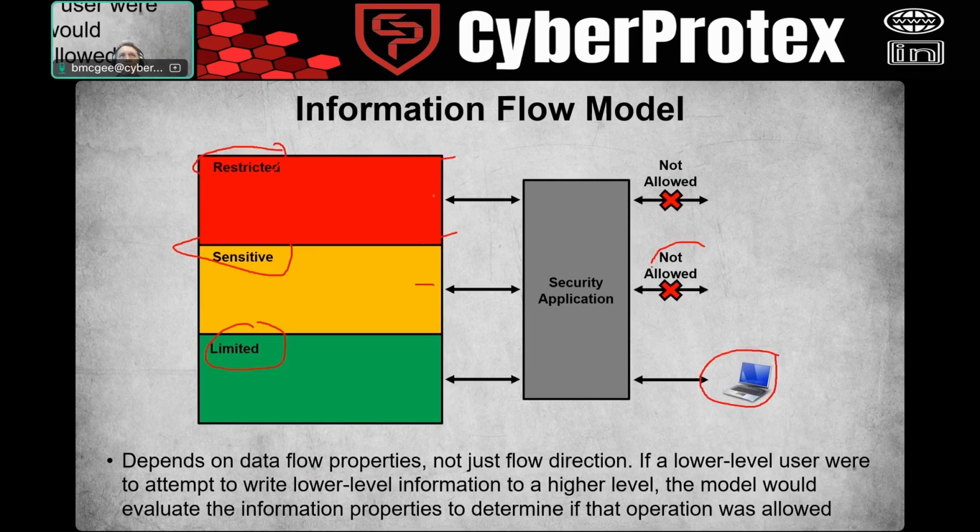If they're trying to access restricted information, they would not be allowed. So based off of what level of access they have, the information could flow freely between the trusted computing base, the security application, and the user. That's typically how the information flow model will work.